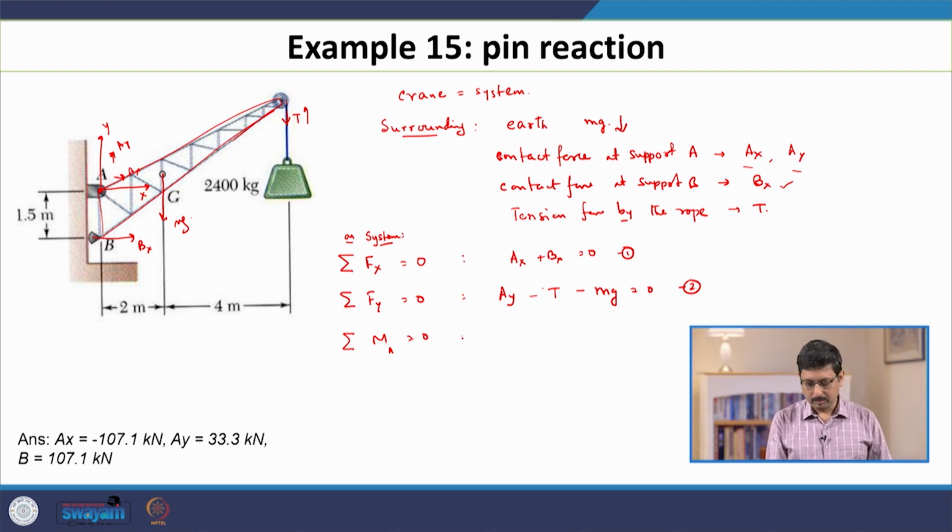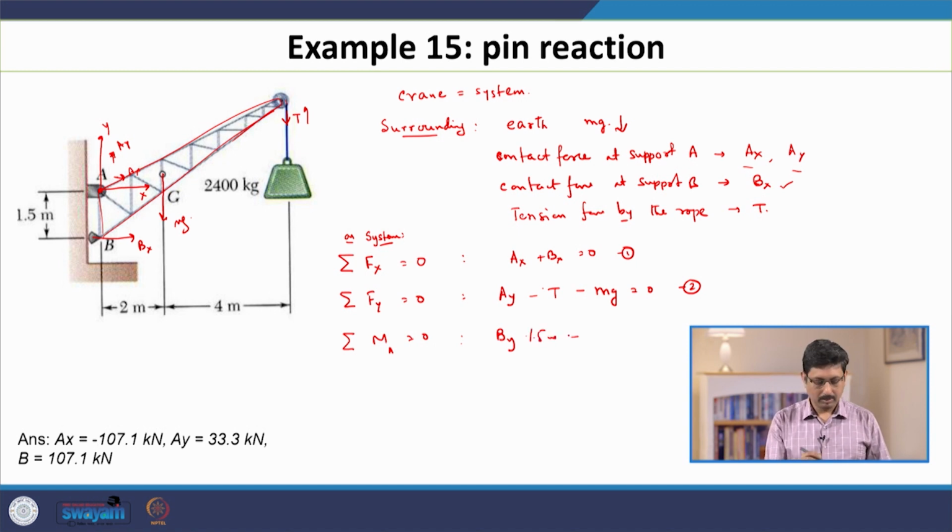From the given figure, this distance is By. I am going to apply the right hand thumb rule: if the torque is coming out of the screen, I take it as positive, and if it is going inside the screen, I take it as negative. So, By times 1.5 meter.